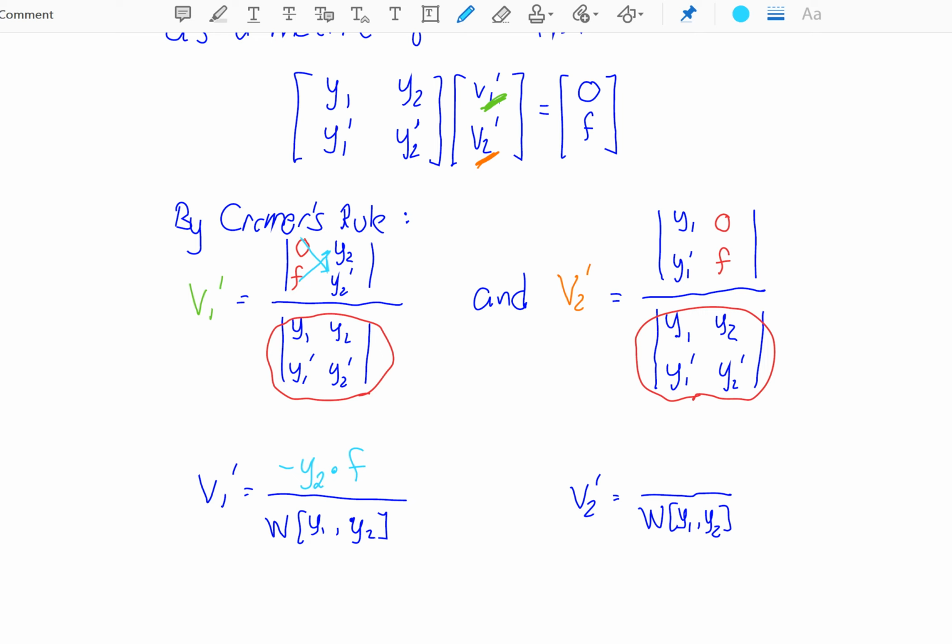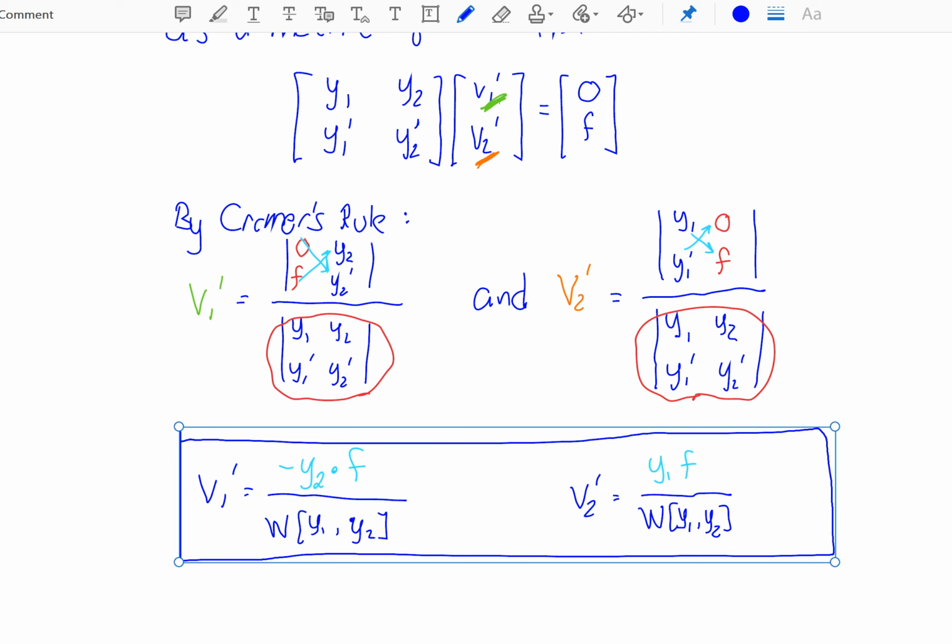For v2, you have the product of your main diagonal minus the product of your off diagonal, which ends up being 0. So you just get y1 times f. These are the two formulas you need to know in order to find expressions for v1 prime and v2 prime.